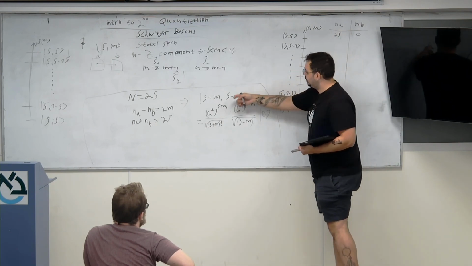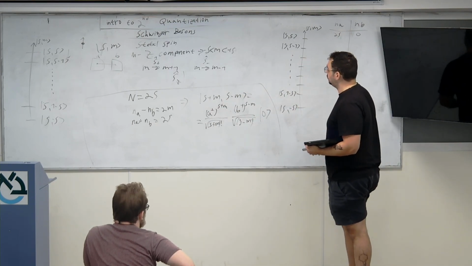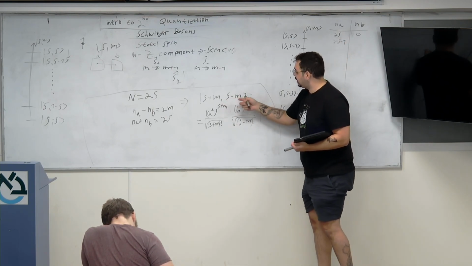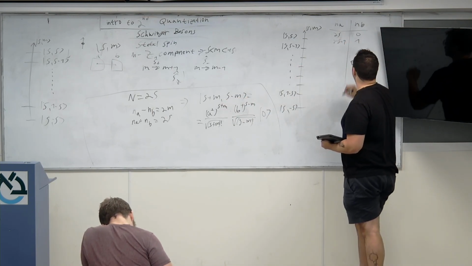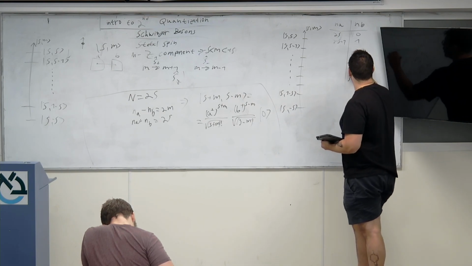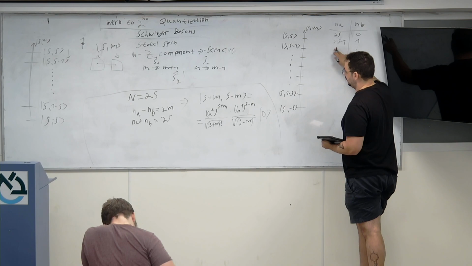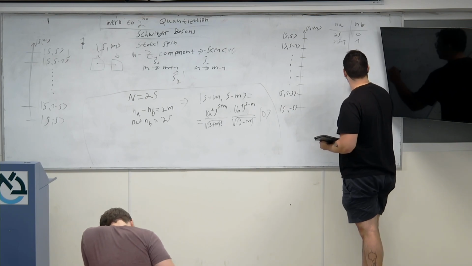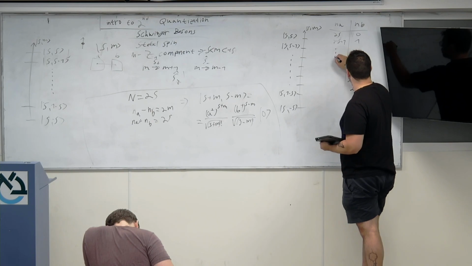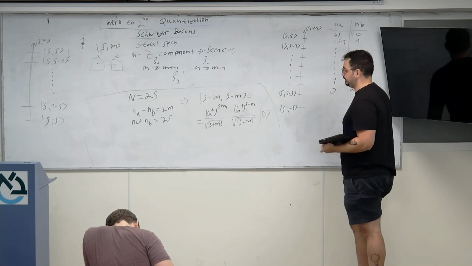The next one, S minus 1, will be 2S minus 1 and 1, and so forth: 2S minus 1, 1, 0.